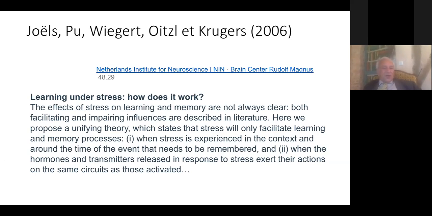The effects of stress on learning and on memory are not always clear. Both facilitating and impairing influences are described in the literature.